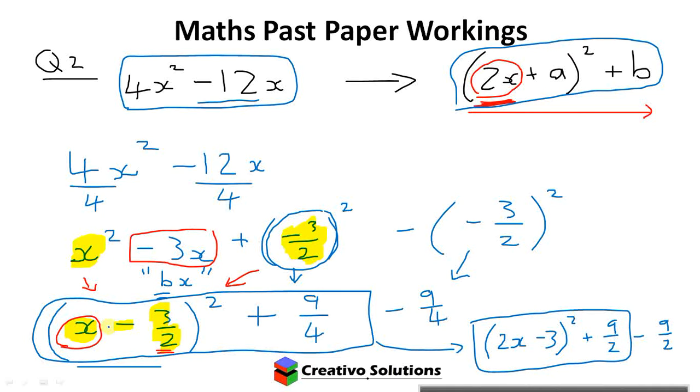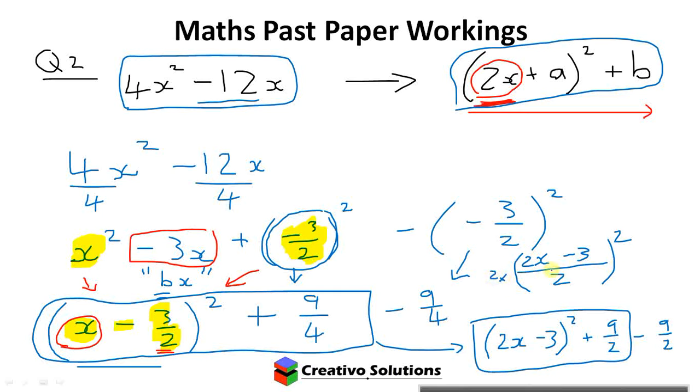Okay, so what must I do here? Get a common denominator, right? What's the common denominator? 2. So if I put the x over 2, I need 2x at the top. Minus 3, close brackets, squared. Now what am I going to do? Times everything by 2.